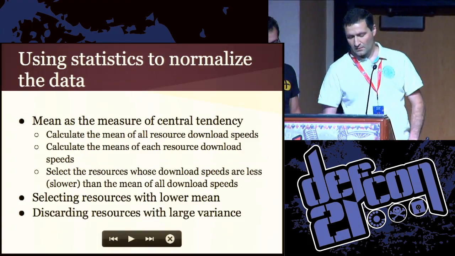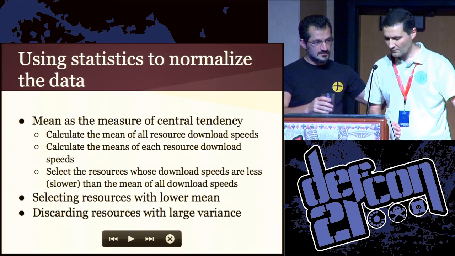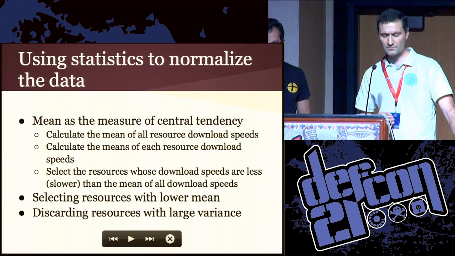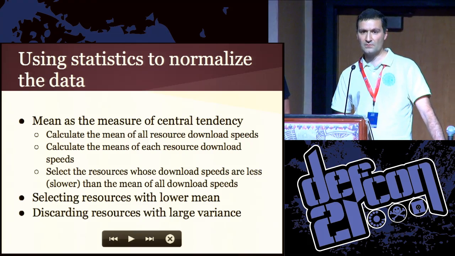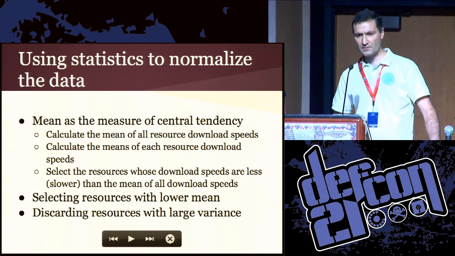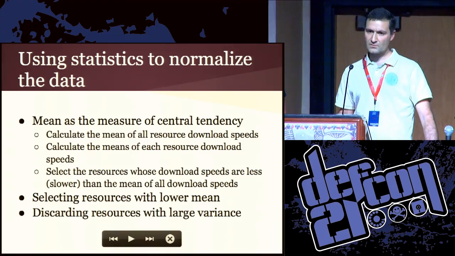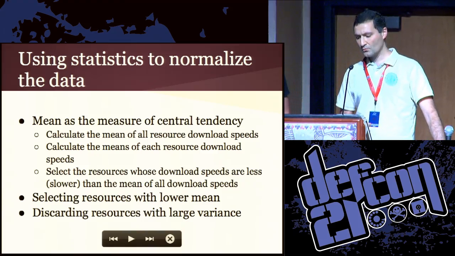So we formalize this. We use the mean as the measure of central tendency, and we calculate the standard deviation. The resources that have high standard deviation are inaccurate, in that they can be fast or they can be slow, but we can't really tell. So we throw them away.